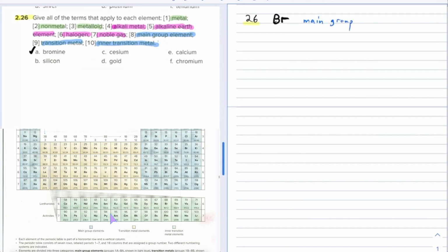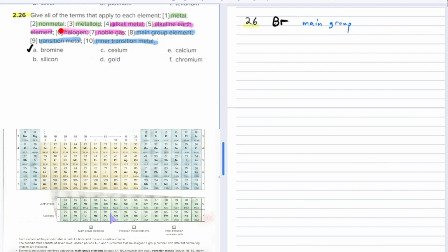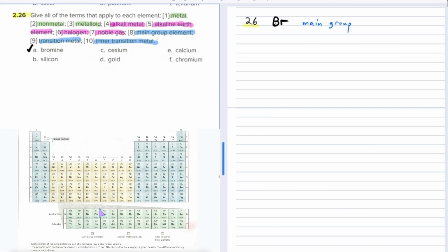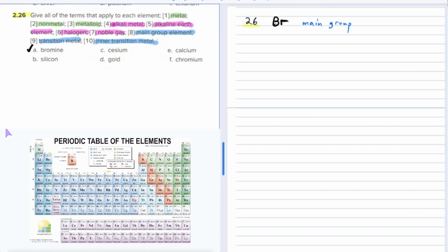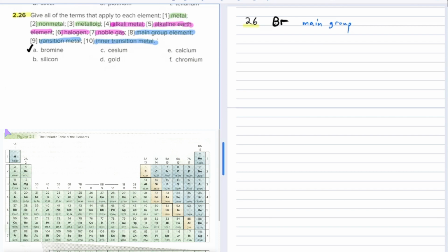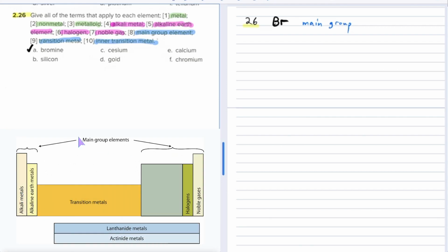And then what about these pink ones? Does bromine fit any of these categories? Remember, these are the names of special columns. You have another periodic table which helps you with the special columns. This can do it, but here's another one that I've posted on the course site.